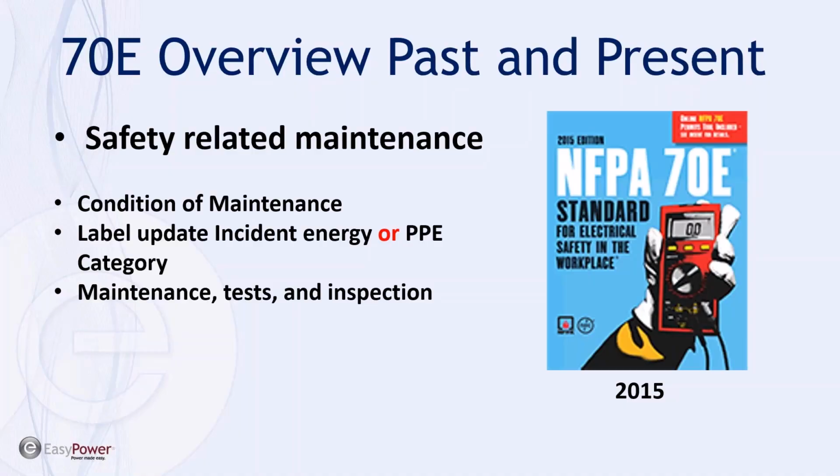The very mission statement, Article 90.2, or scope of the 70E standard, changed to include the word safety-related maintenance. So that's the major shift to now encompass safety-related maintenance as we weave that into various article references and compliance challenges within the 70E standard.